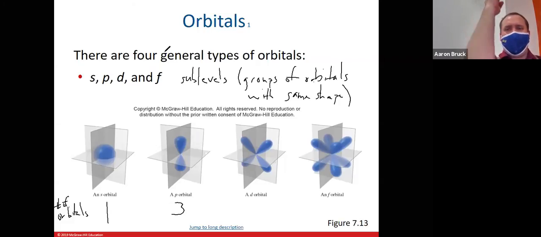So there's one on the y-axis, there's one on the x-axis, and there's one on the z-axis coming out of the board. The D sublevel actually has 5 different orbitals, 5 different orientations for that clover leaf. The F sublevel actually has 7 different orientations for that dragonfly shape.